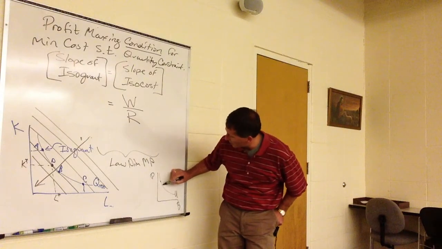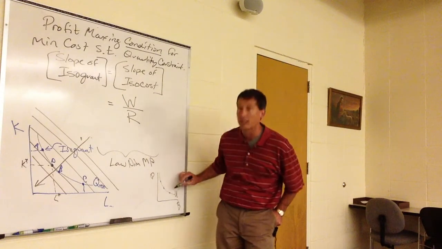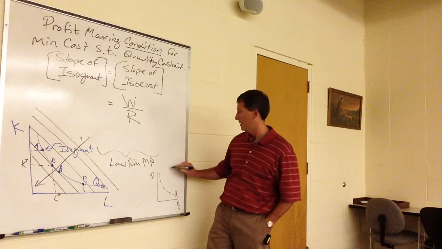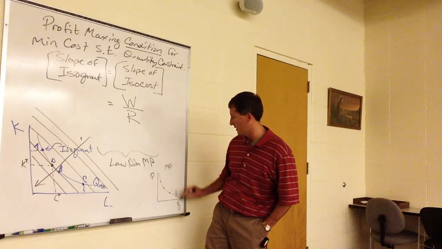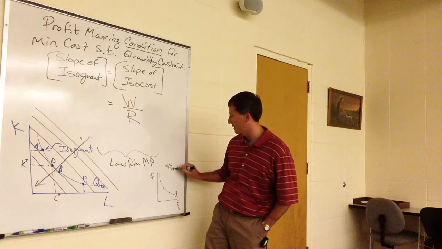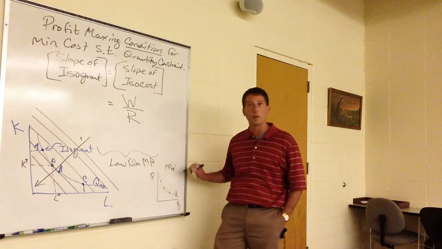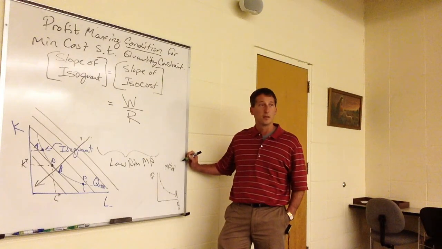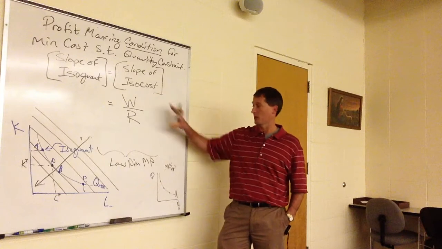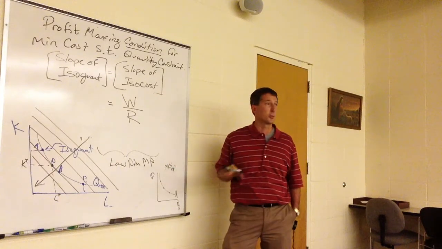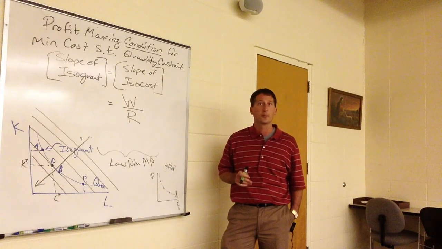What was the slope of the indifference curve at a given point? Marginal rate of substitution of beer and pizza, and more specifically that was, no, that was the condition, but break down the marginal rate of substitution. What is the actual marginal rate of substitution? The ratio of what?